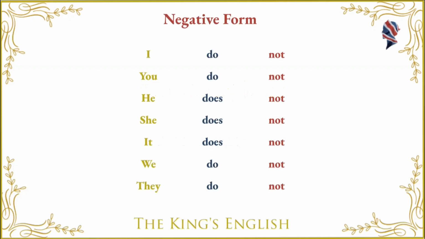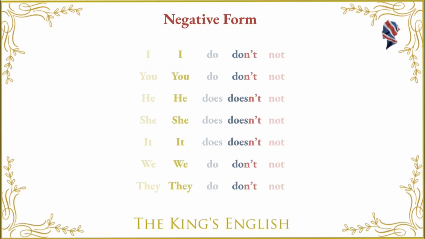We remove the O in not, and we put the do and the not together. Without the O, we add the apostrophe. So I do not, I don't.